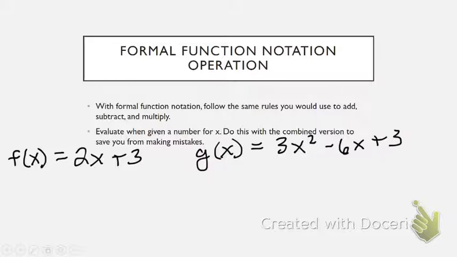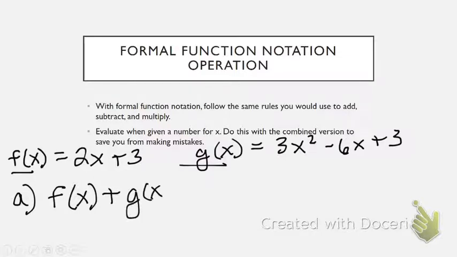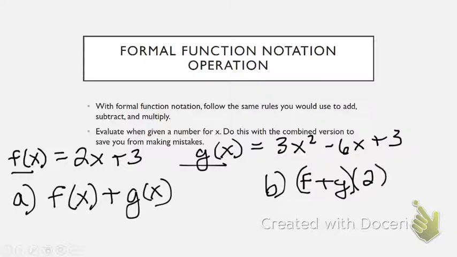It's two different functions, all using function notation. All right. Part A will tell you f of x plus g of x. Okay. And then there could be something that says this. Okay. F plus g. It's the same thing, you guys. It's just written differently, and they're going to give you a number. Okay.